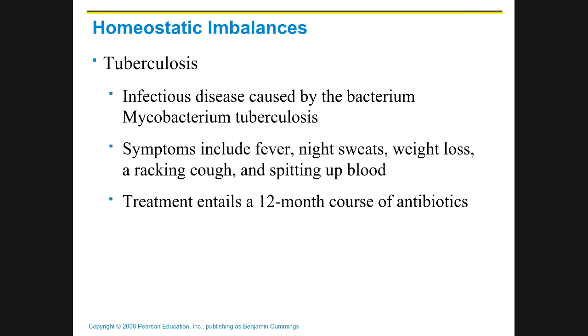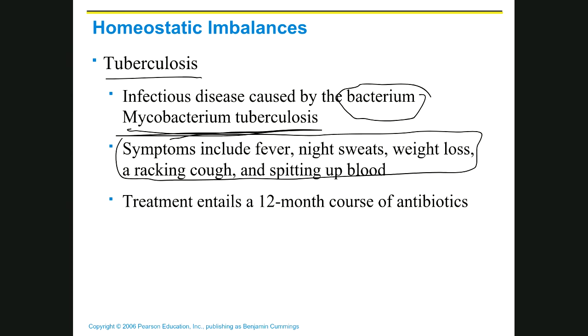Another thing that can affect respiration is a disease called tuberculosis. Tuberculosis is caused by a bacterium. It's a mycobacterium. There's a whole bunch of bad symptoms that go along with tuberculosis.